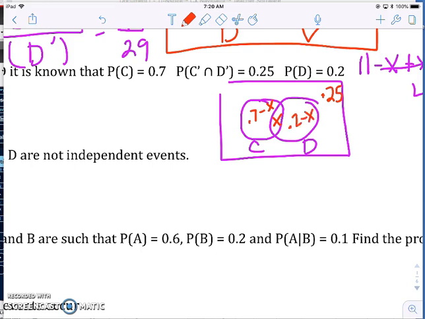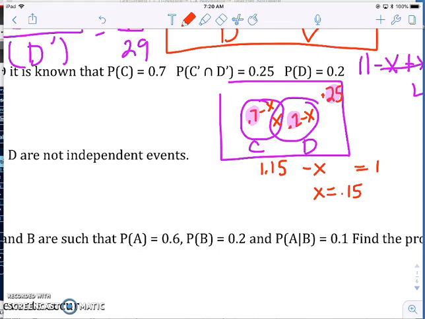If we add these all together, it has to equal 1. So 0.7, 0.9, so 1.15 minus x. So x equals 0.15.